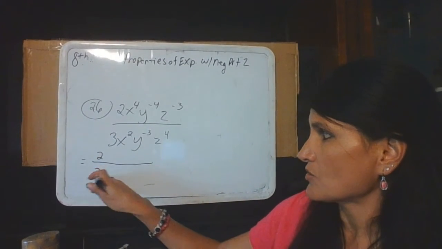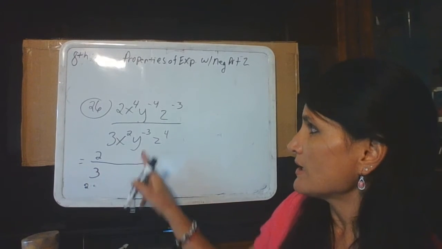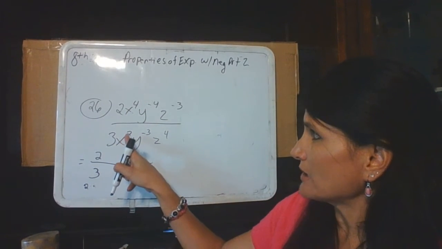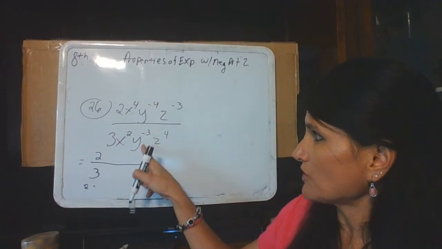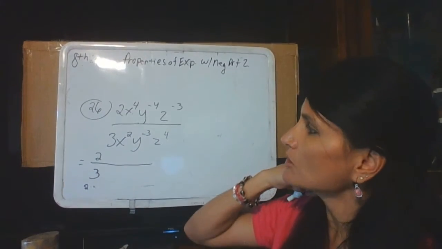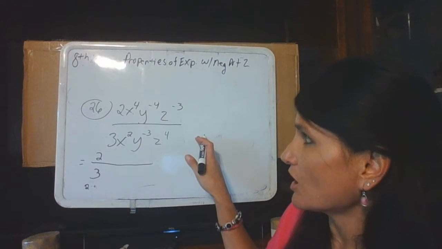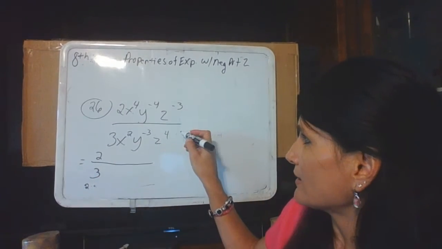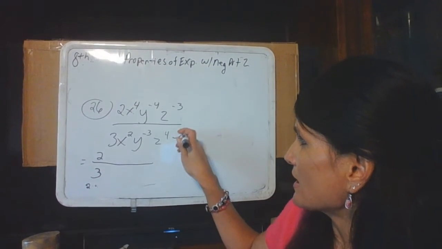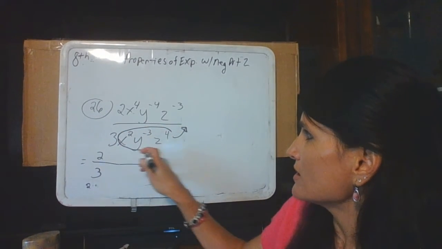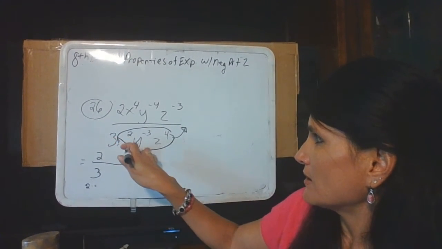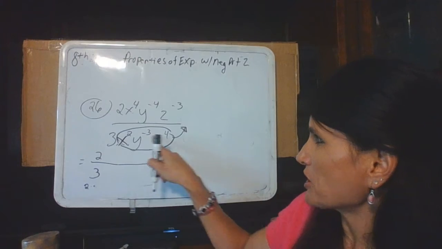So I'm going to write 2/3. They cannot reduce. Then I'm going to take the x and the 4, and if it's a negative, I'm going to move it, okay? So actually, I think the easiest thing to do, guys, is to put everything on top first except for the numbers. I think that's the simplest thing. So I'm going to take all of these exponents, and I'm going to move them on top, and I'm going to change the signs.